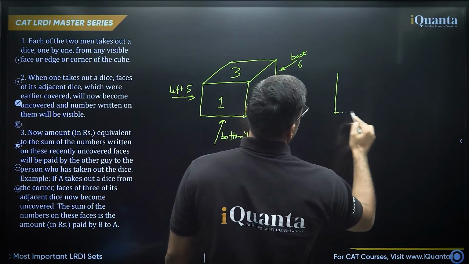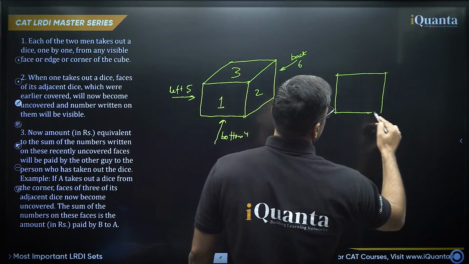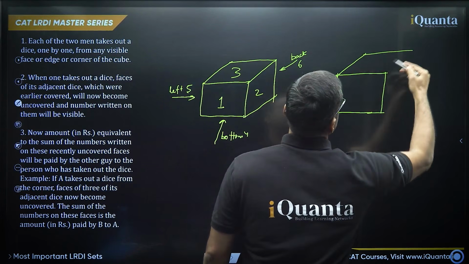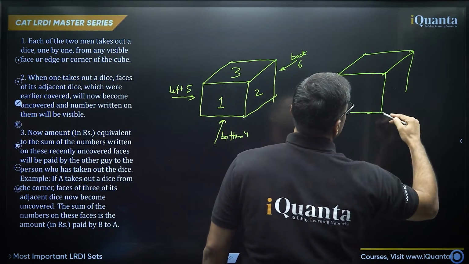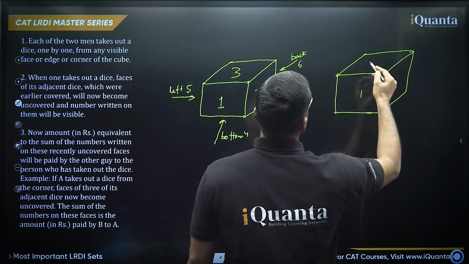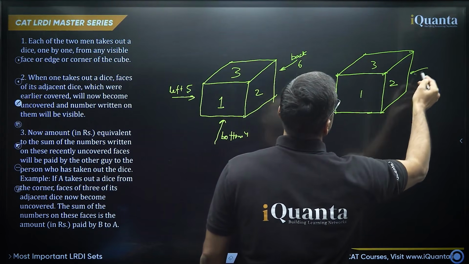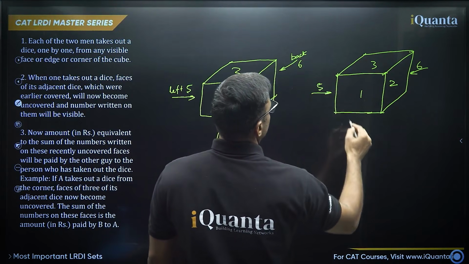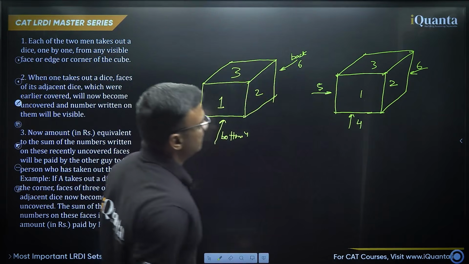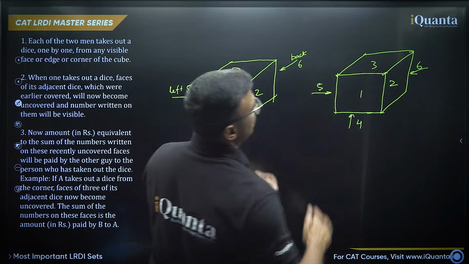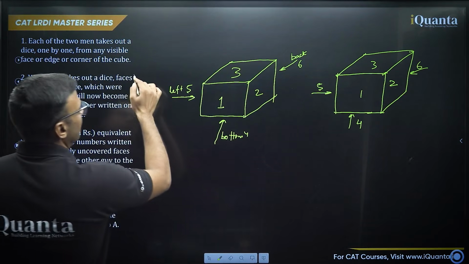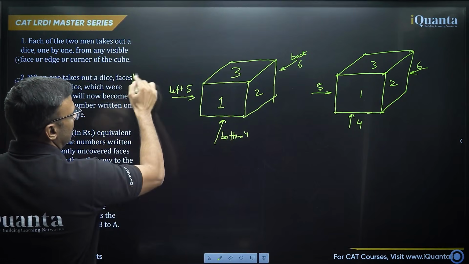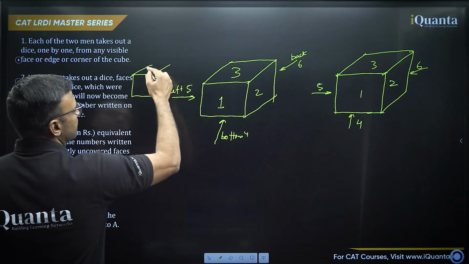The next cube is just that in the actual situation they are attached, they're touching each other. If you separate them, exactly the same thing will be visible, isn't it? 6 here, 5 here, and 4 at the bottom. Whatever the situation, it is exactly the same. If I draw another one here, I'll draw it a little smaller because I have that much space only.